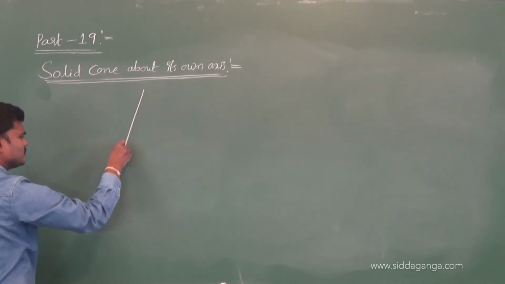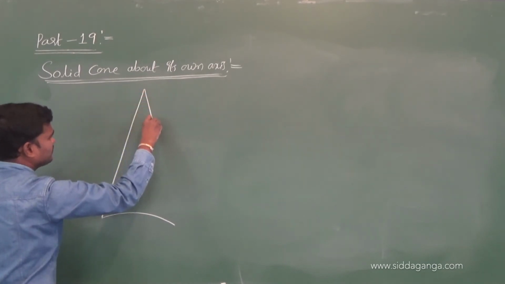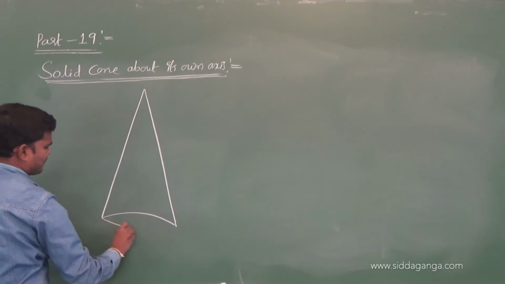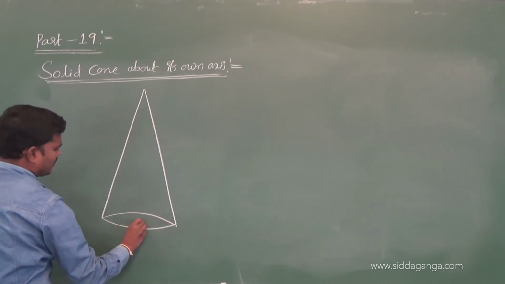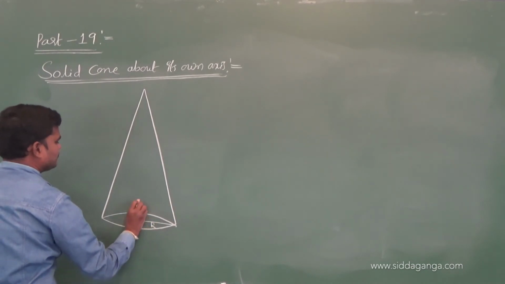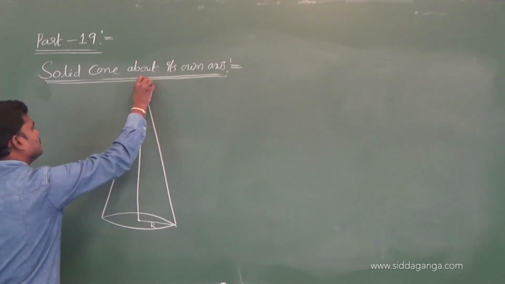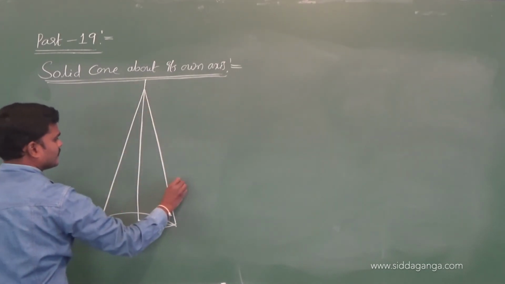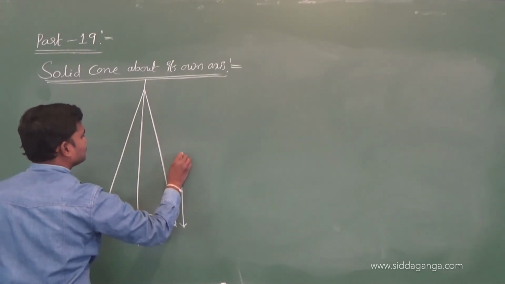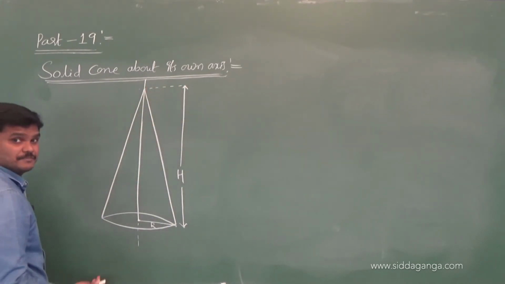This is the solid cone whose base radius is capital R, and let me take the height of the solid cone as capital H.